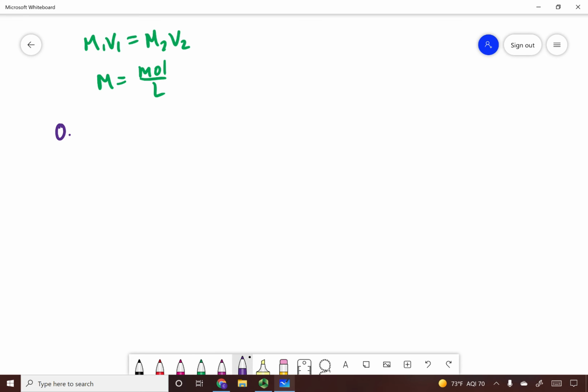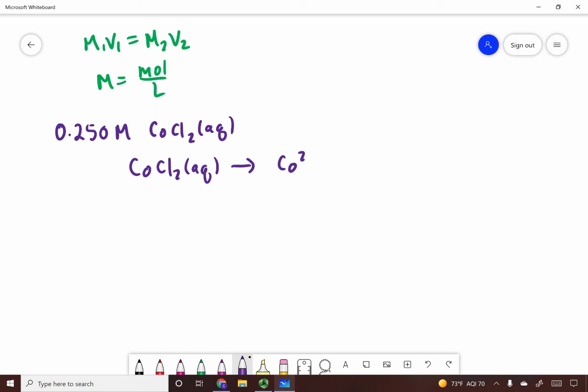So the first compound that we have is 0.25 molar of CoCl2. Now remember, this is an aqueous solution, and what that means is that CoCl2 does not really exist in solution. What happens is CoCl2 aqueous really means that I have cobalt ions that are aqueous plus Cl ions that are aqueous.